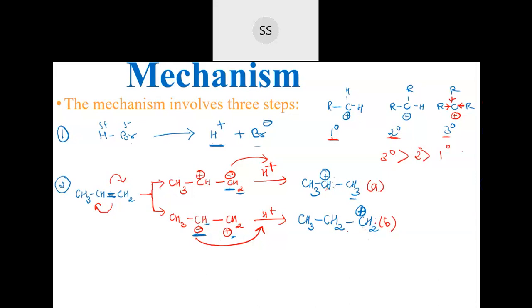Yeah, A is more stable. Why? Because this is a secondary carbocation, and the other one, B, is a primary carbocation.